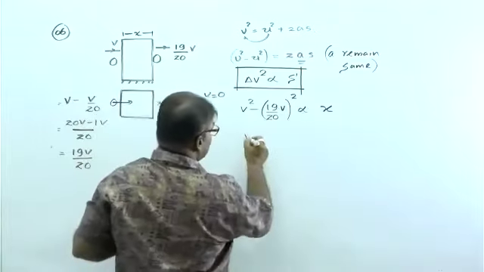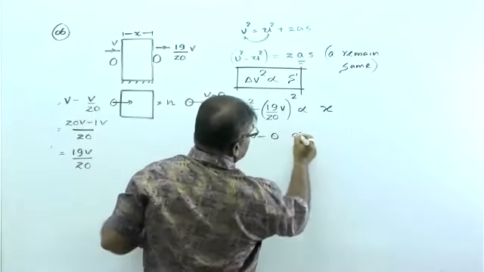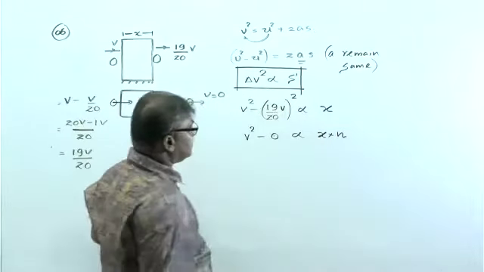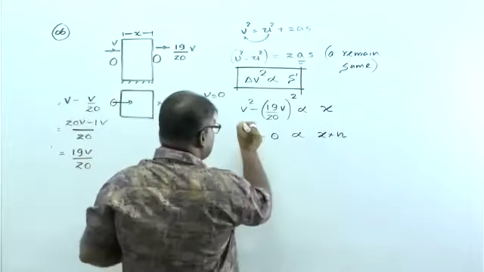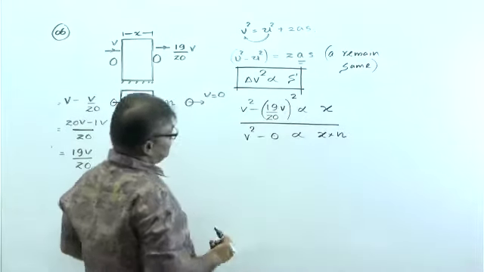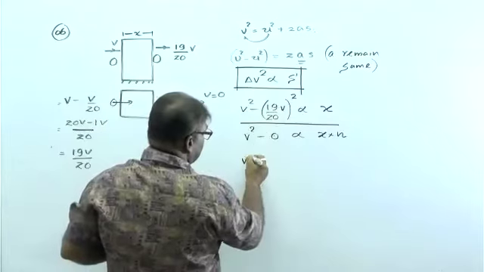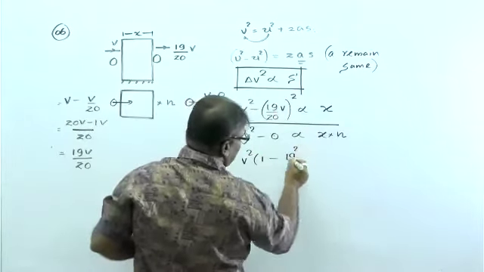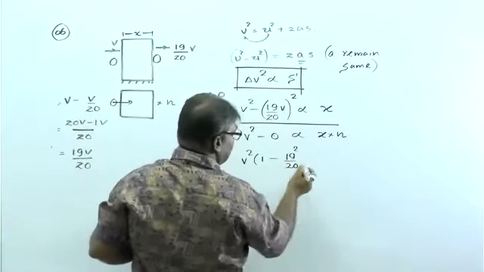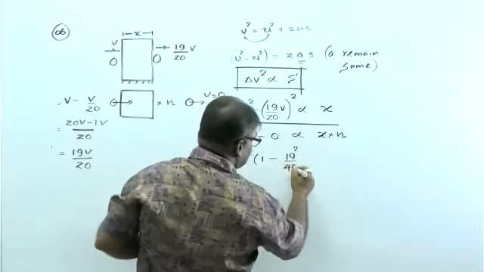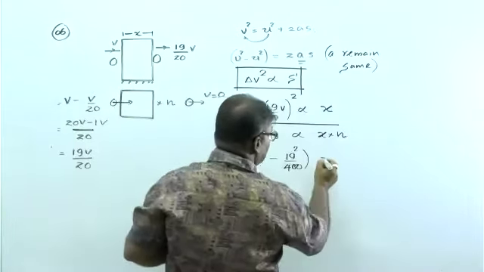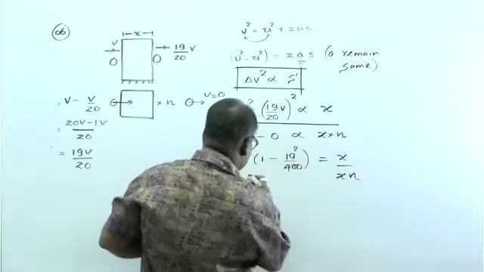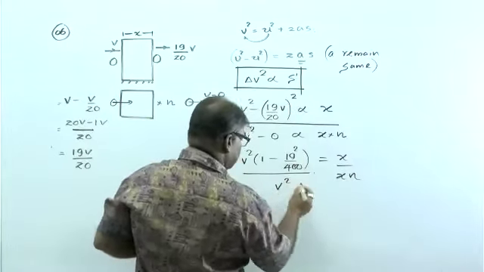Then v squared minus 0 is proportional to x into n, the number of planks available, right? Okay, then we can divide each. So here we have v squared common factor, 1 minus 19 squared over 20 squared, which is 400, right? Okay, equate x over xn divided by v squared.